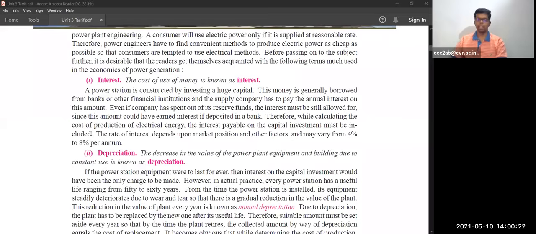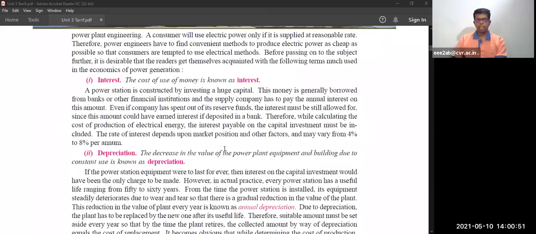Okay, so therefore, while calculating the cost of production of electrical energy, interest payable on capital investment will also be included. So while taking tariff from you, they will add this interest also. They will add the yearly interest. Why? Because if they leave out that interest, who will pay that interest to the government, or to that particular generation company? So they will add that, and they will set that tariff.